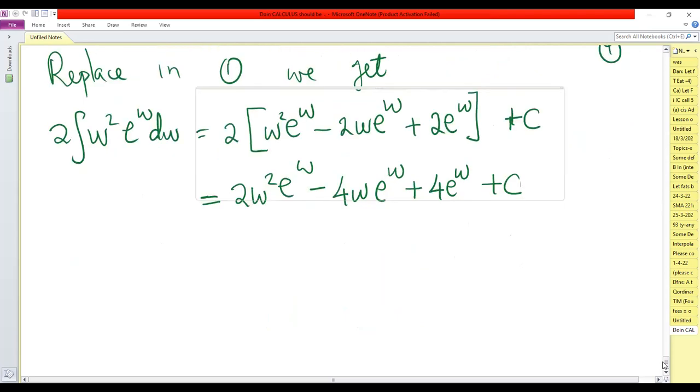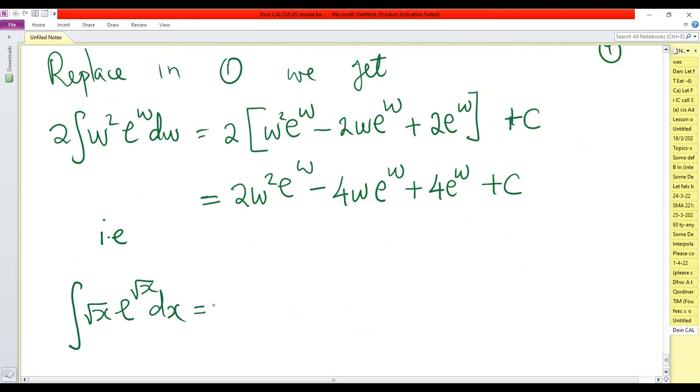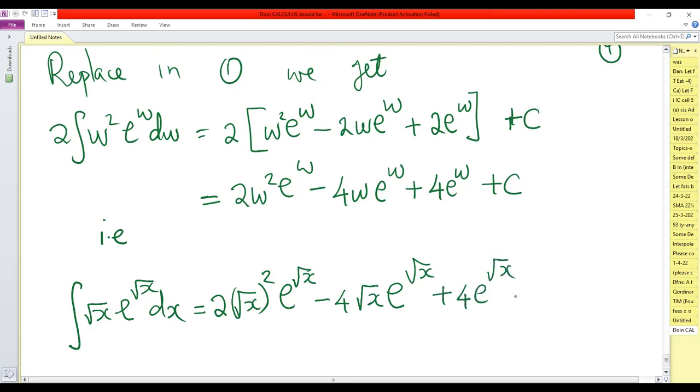So in terms of x, we have the integral of square root of x e raised power square root of x dx will now be given by 2 times square root of x squared e raised power square root of x minus 4 square root of x e raised power square root of x plus 4 e raised power square root of x plus c.